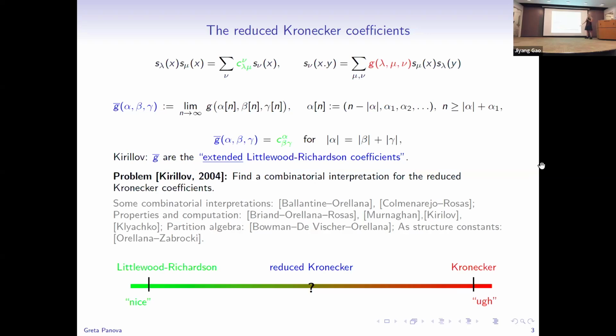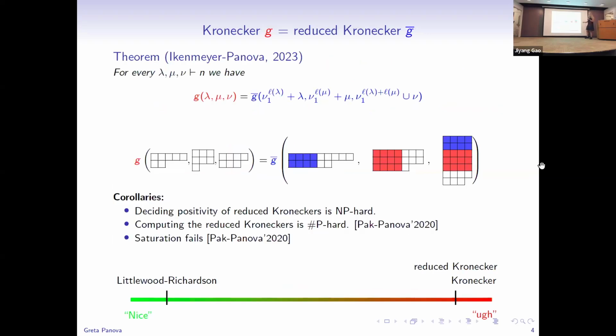I've talked a lot about Kronecker coefficients, and I'm pretty sure you're convinced already that they're pretty hard. So the reduced Kronecker coefficients turn out to be exactly at that end. This is our result from last year. Basically, it's just a formula that says that every Kronecker coefficient can be written as a reduced Kronecker coefficient if you modify your partitions by adding these three rectangles.